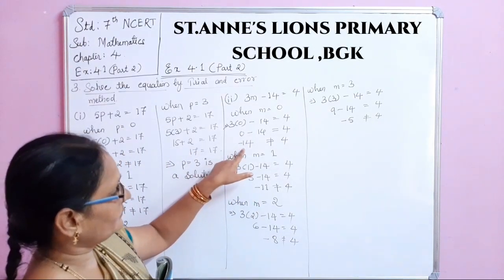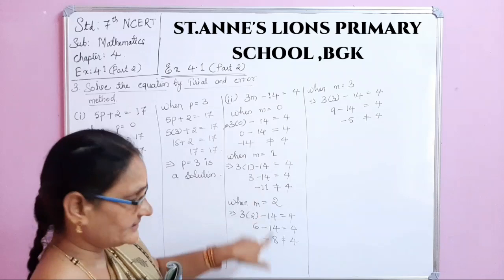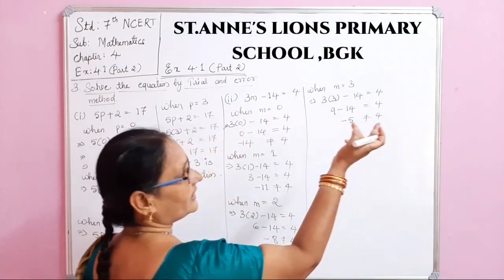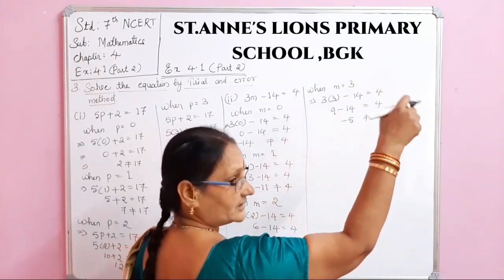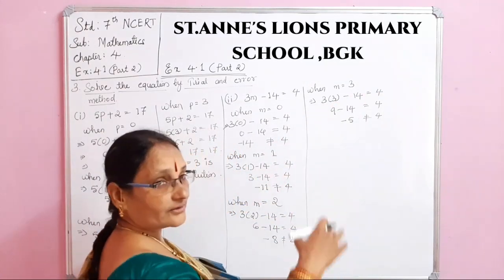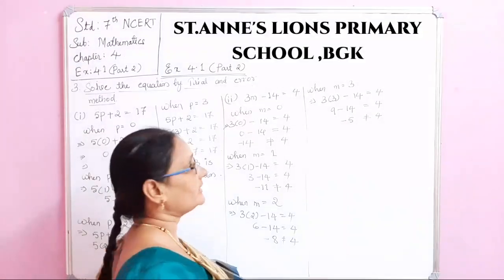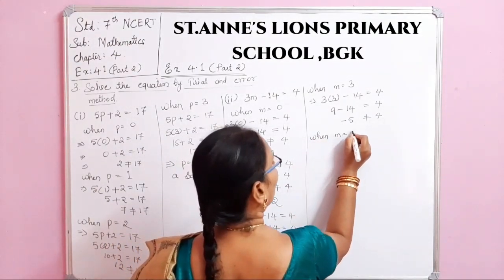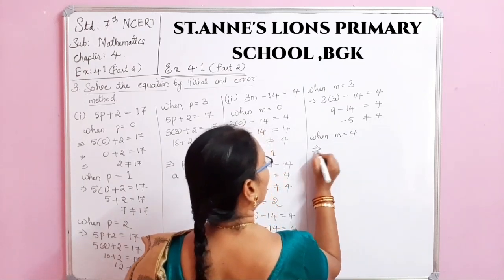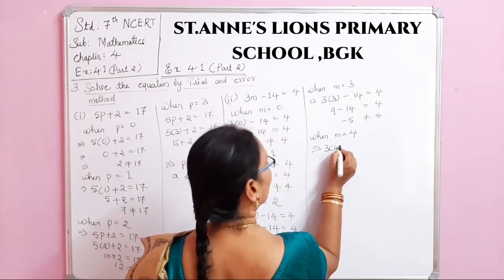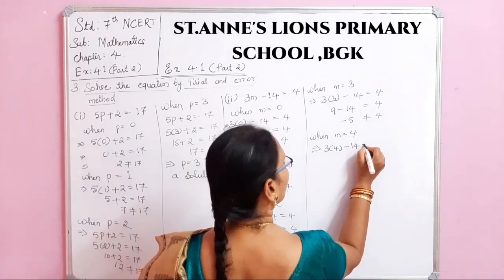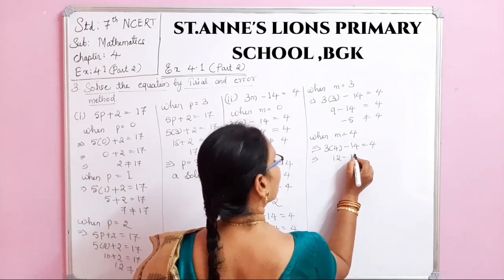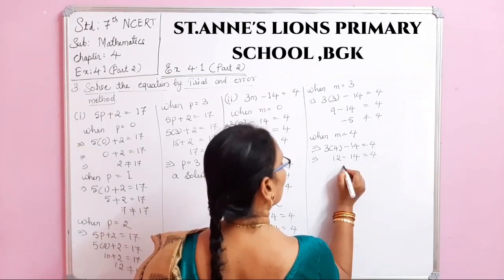When 0, minus 14, minus 11, it is increasing. Minus 8, minus 5. Then next it may come still more. Here negative values. Okay, next it may come positive value. Now when m is equal to 4, what happens? 3 into bracket 4 minus 14 is equal to 4. 3 4s are 12, minus 14 is equal to 4.